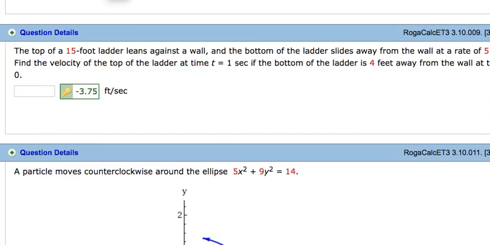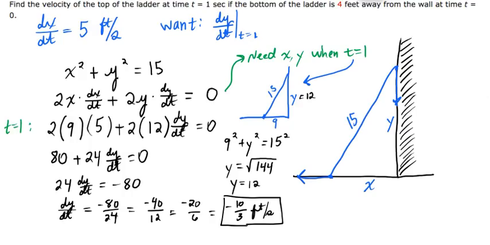Okay, but you can see I made an error somewhere, because negative 10 thirds is not the same as negative 3.75. I went back and looked at it, and all I did was right here: 9 times 5 is 45, not 40. So this is actually 90. So that will become negative 90.